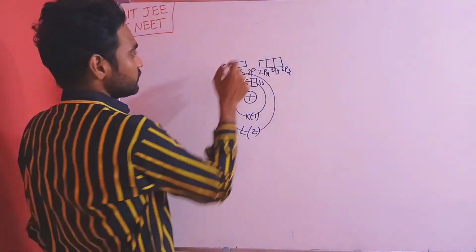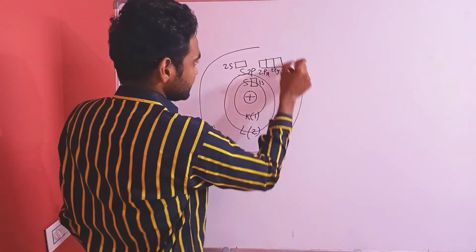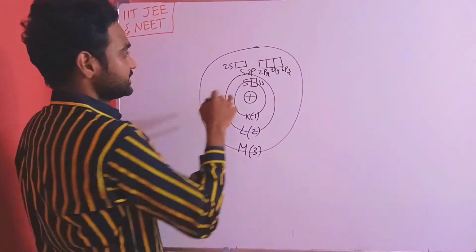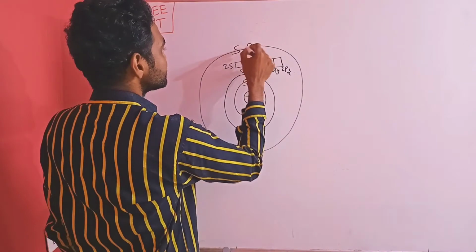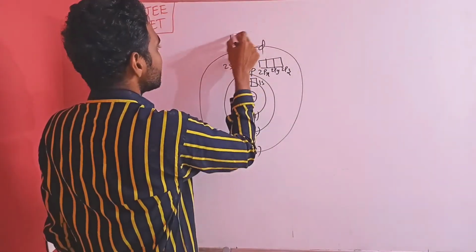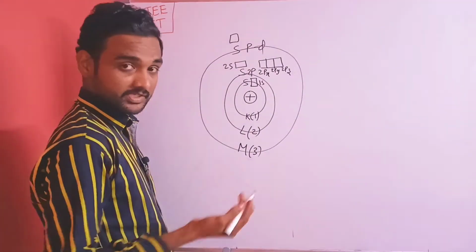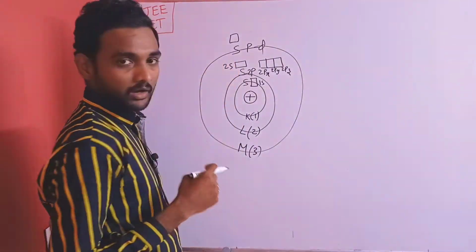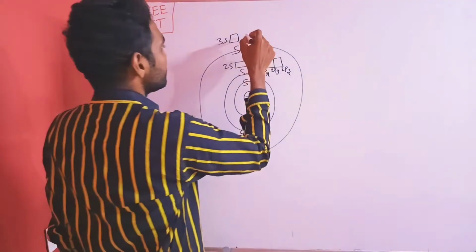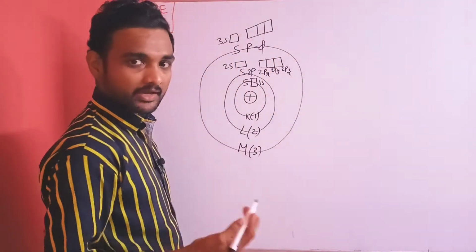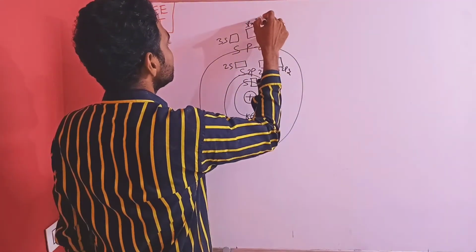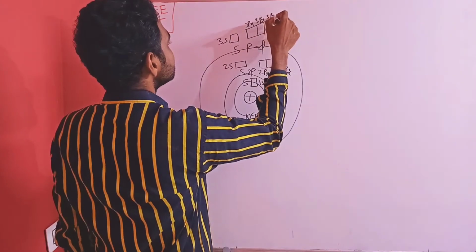Now let me take another shell, the M shell, the third shell. In this third shell there are 3 subshells: s, p, d. Here in the s subshell one orbital is there, the 3s orbital. In the p subshell there are 3 orbitals: 3px, 3py, 3pz.